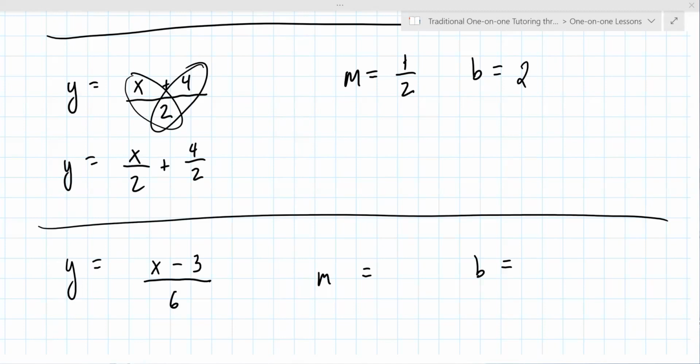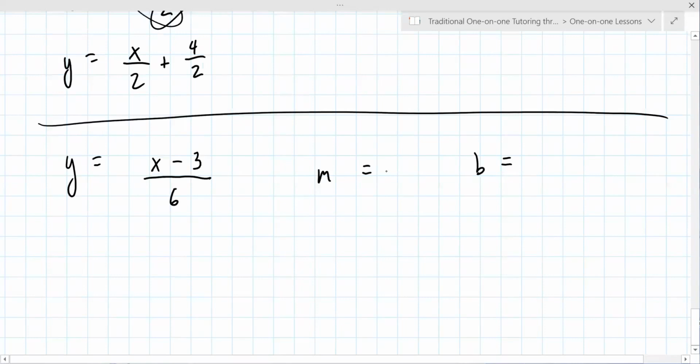Negative 3/6, but it's negative 1/2. I mean, negative 2. What is the value of m? Let's do this one at a time. What is m?